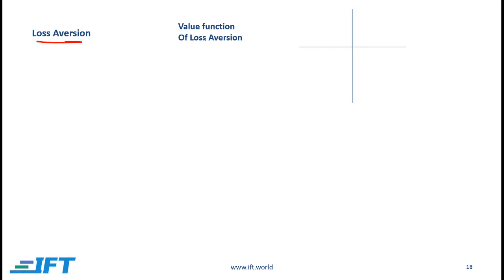Let's understand this point through a value function. So we have a graph over here. Let's say this is our reference point. The x-axis represents gains and losses. So over here we have gains, and on the left we have losses, and the vertical axis represents value.